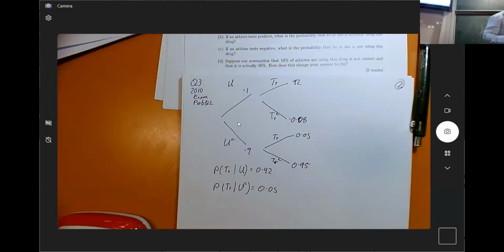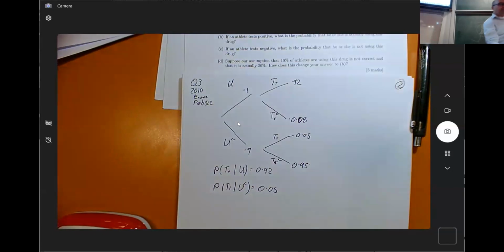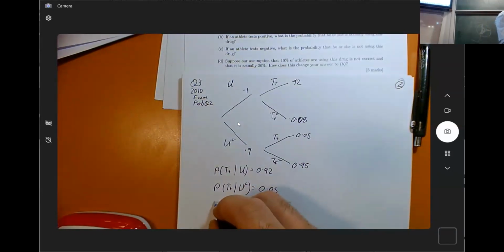Okay, now, if an athlete tests positive, what is the probability he or she is actually using the drug? That's kind of an interesting thing, because we want to know the probability. So this is part B, the probability of using the drug given tested positive.